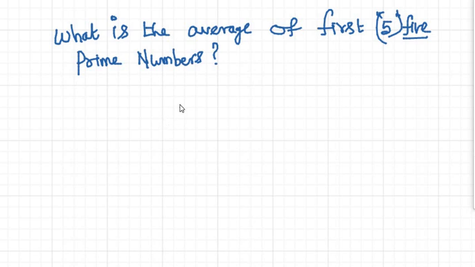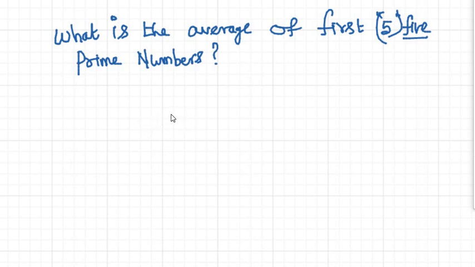Please type in your chat box the 5 prime numbers in order. Priyadarshan writes 1, 2, 3, 5, 7. Another writes 2, 3, 5, 7, 11. Okay. Right. Please note that.